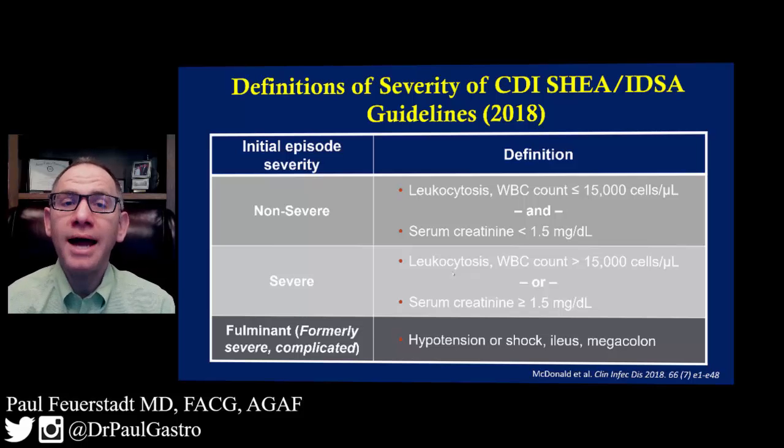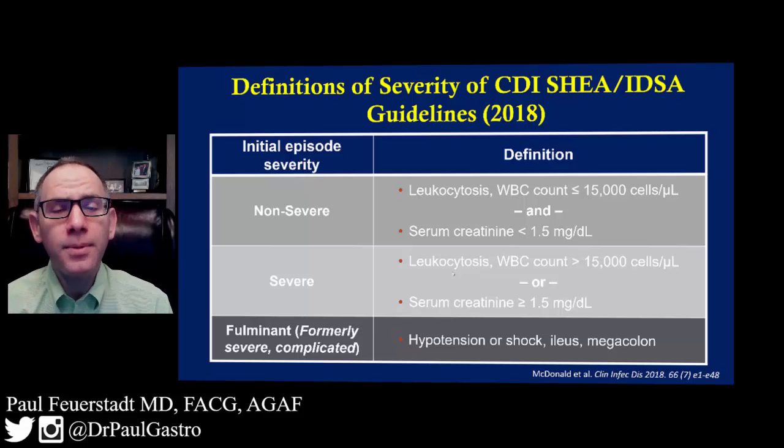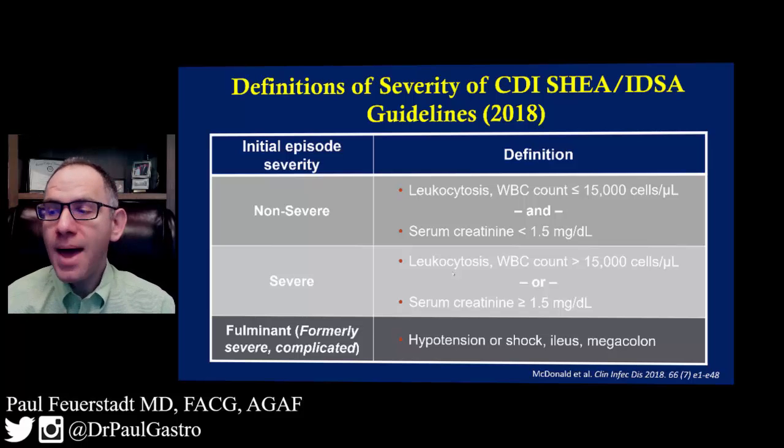Within these so-called IDSA guidelines, they reclassified severe complicated infection into fulminant infection. And this was classified by hypotension or low blood pressure, ileus, the bowel going to sleep, megacolon, where the large bowel dilates, or shock. Shock is when the blood pressure within our body is insufficiently low.